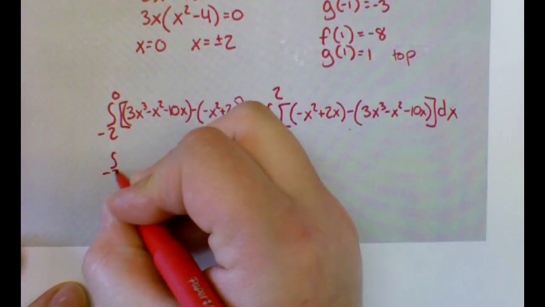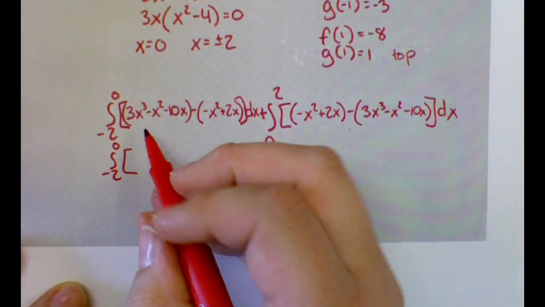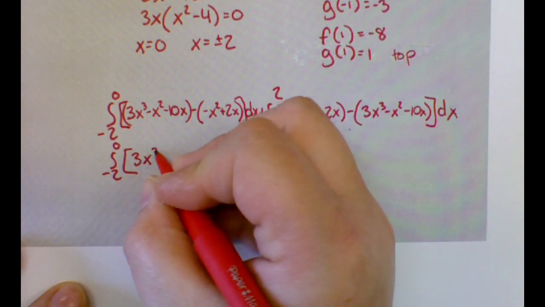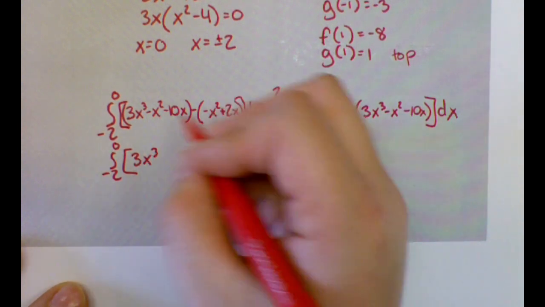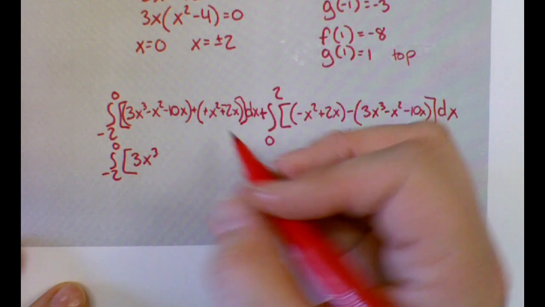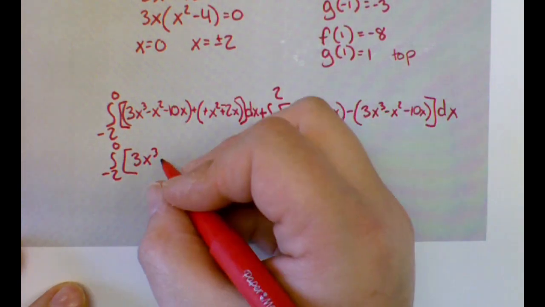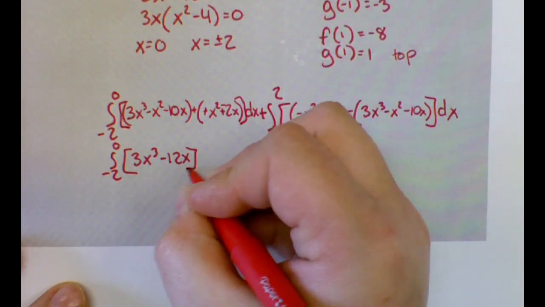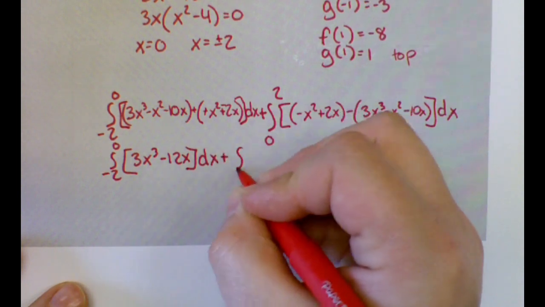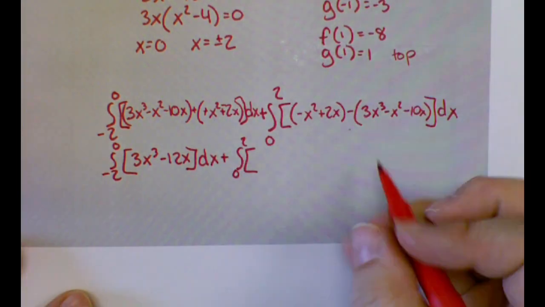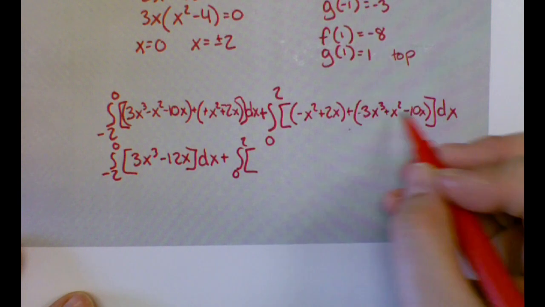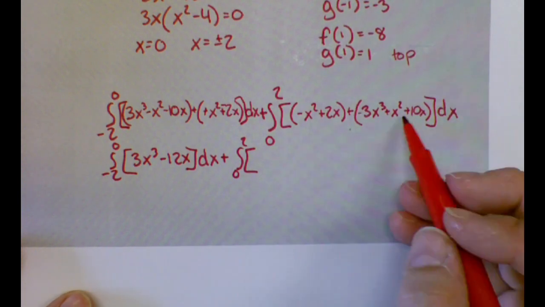So I have the integral from negative 2 to 0 of 3x cubed. Let's see here. These cancel out. Negative 10x minus 2x is minus 12x dx, plus the integral from 0 to 2 of, let's just distribute that negative there. The x squareds cancel.